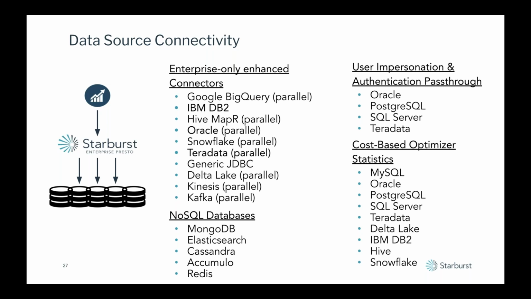And then finally, some of the cost-based optimizations that are available in some of the connectors, some of them are still proprietary to Starburst. A lot of them are being contributed to the open source, but Starburst is always looking for new ways to do the optimizations and bring some more efficiencies into the connectors.